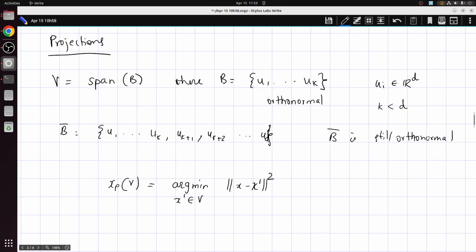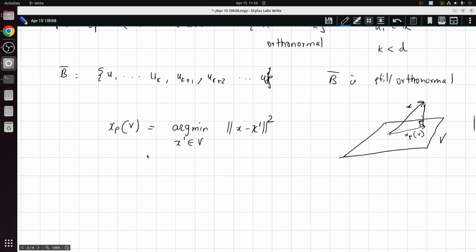So you have some subspace V, and then you have a vector X not lying in the subspace. What you would like to do is come up with this projection, which I am calling X_P. The projection is whatever minimizes this error, X minus X bar, so I want to minimize the length of this error. I hope the geometry is clear.